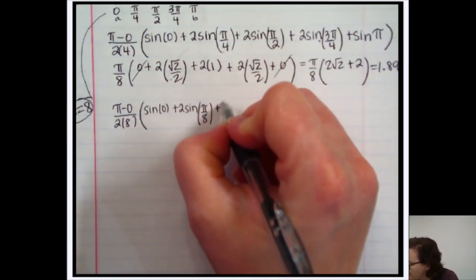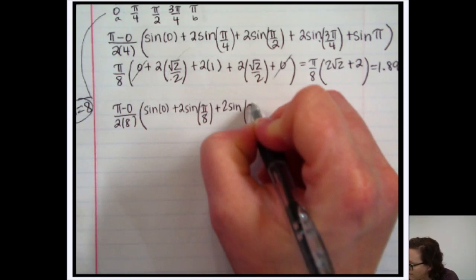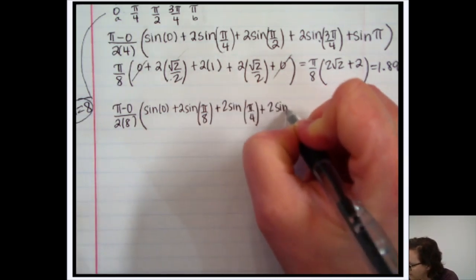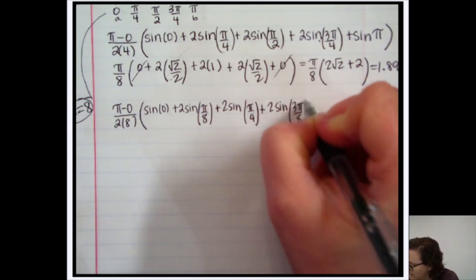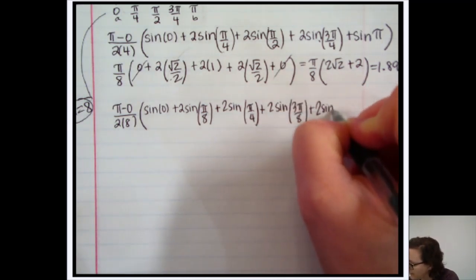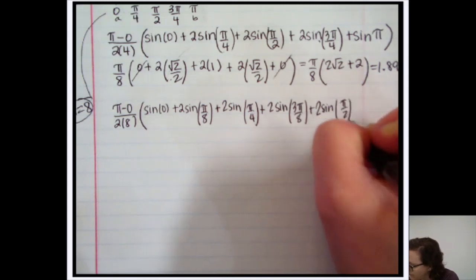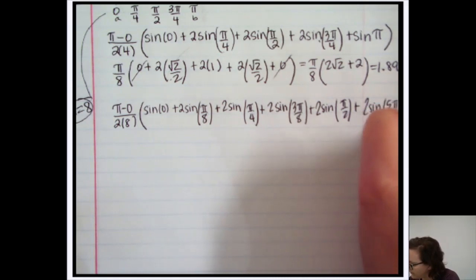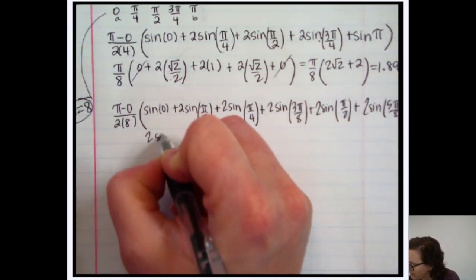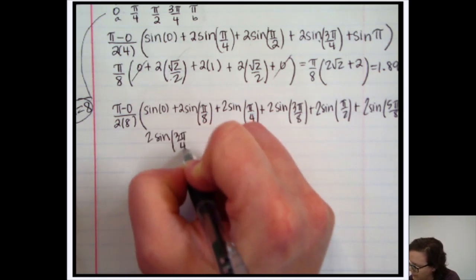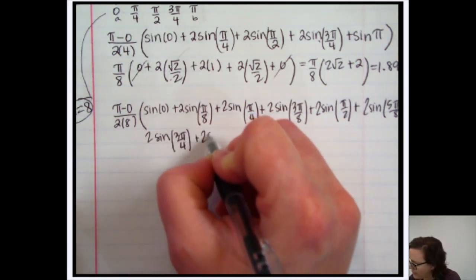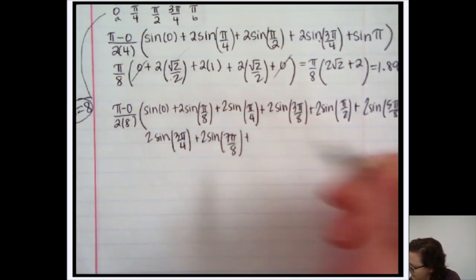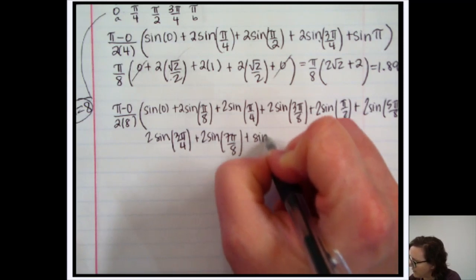Plus 2 times the sine of pi over 4 plus 2 times the sine of 3 pi over 8 plus 2 times the sine of pi over 2 plus 2 times the sine of 5 pi over 8 plus 2 times the sine of 3 pi over 4 plus 2 times the sine of 7 pi over 8, and finally plus the sine of pi.